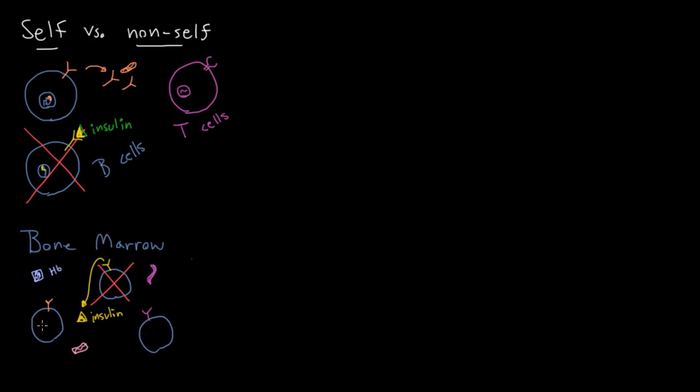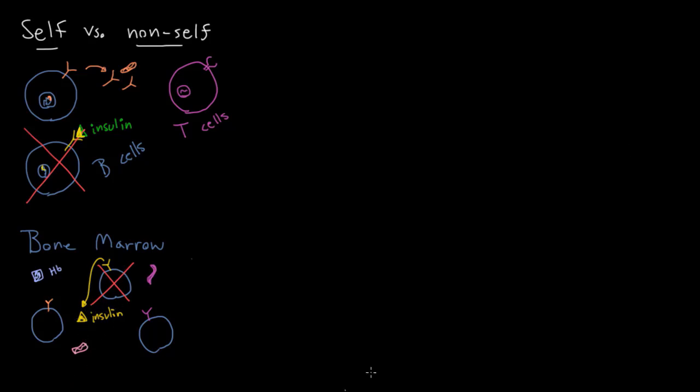So every B cell that recognizes self, if it sees that self molecule in the bone marrow, it will be killed. And this works because your bone marrow will have most of the abundant proteins in your body. They'll be present there so that you can make sure that you weed out all the B cells that react to self.